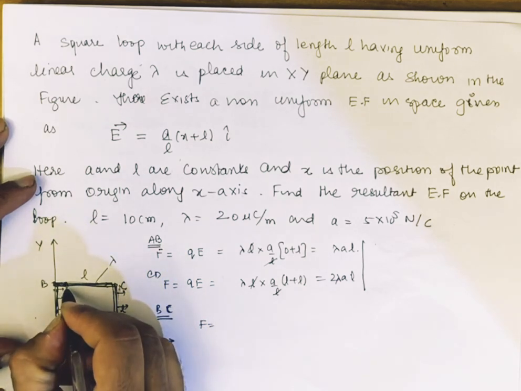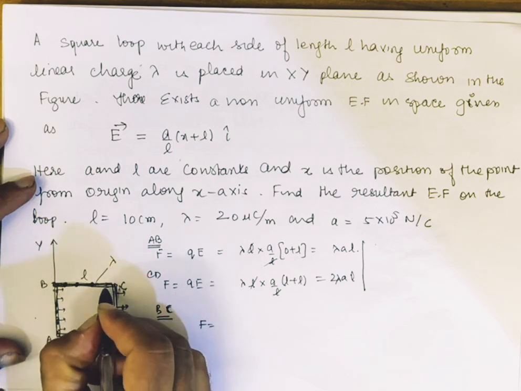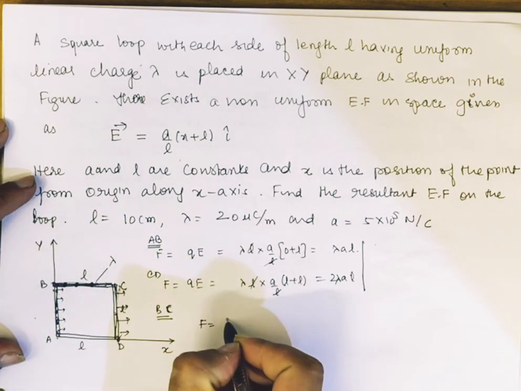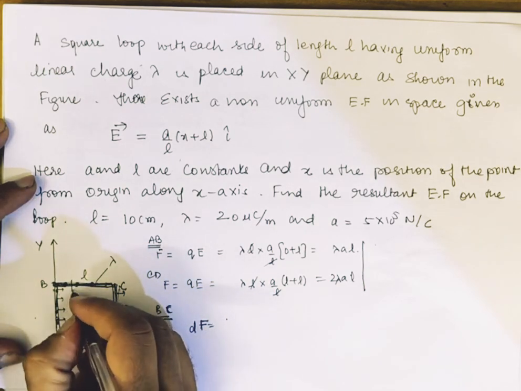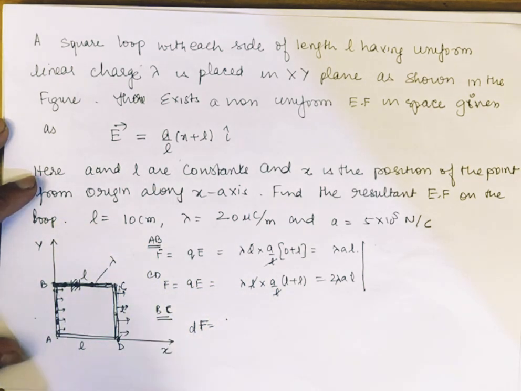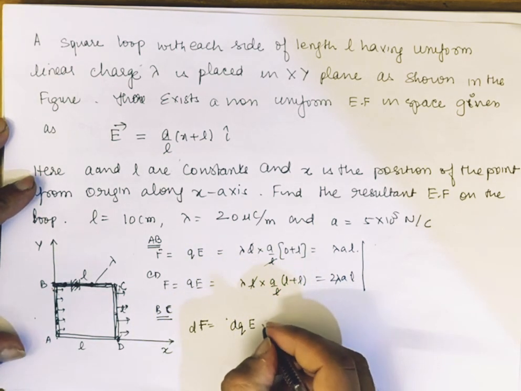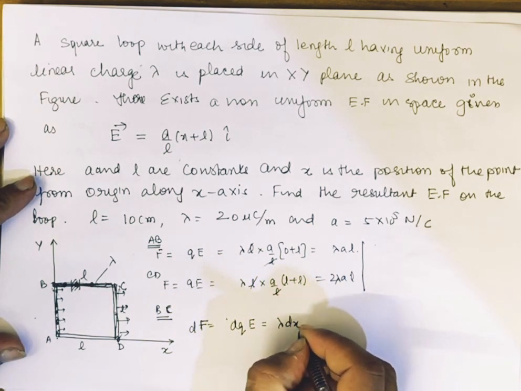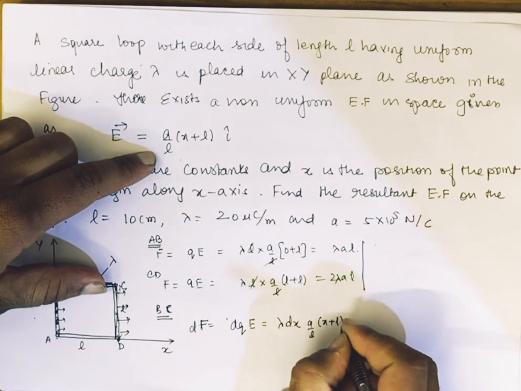So the force will be different at each point, so we cannot find it by simply charge into electric field. For this we have to first find the charge over a very small portion, say dF, and then integrate from 0 to L. So dF is dq E. Now dq means lambda dx and E is given to us as A by L times (x plus L).